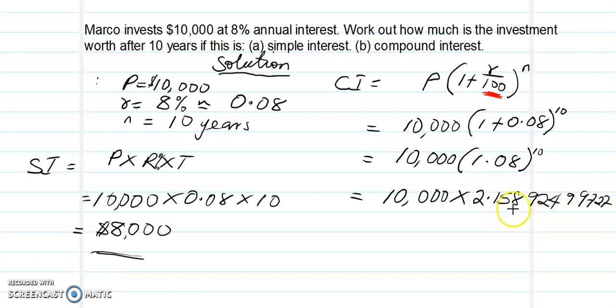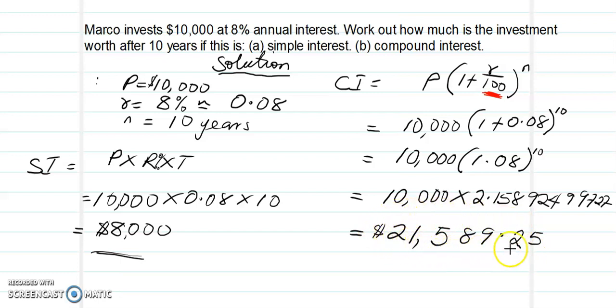Please note, you don't have to approximate people's money, so you don't approximate unless you get to the final answer. Okay, so we multiply these two, and that gives us 21,589.25. So this is the amount at the compound interest.